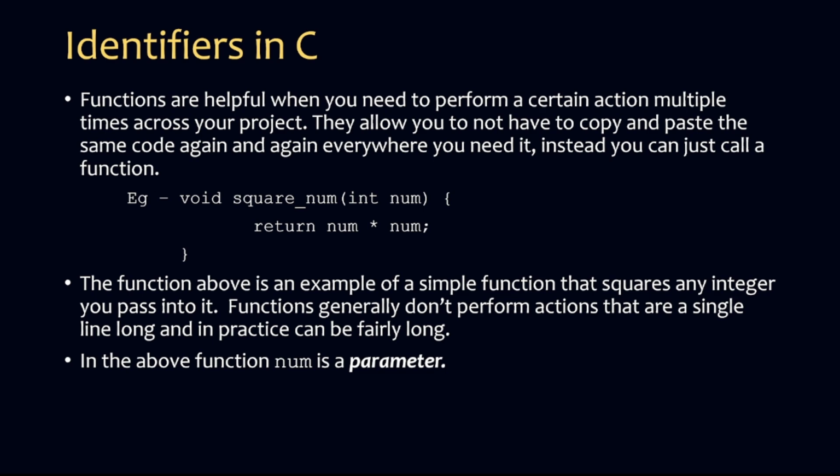inside a variable. So in the above function, num is a parameter because num is an input. Okay. Num is a parameter here. Now, the two words parameters and arguments are used interchangeably. I too, just a few moments ago, called num an argument, but num is actually a parameter, right?